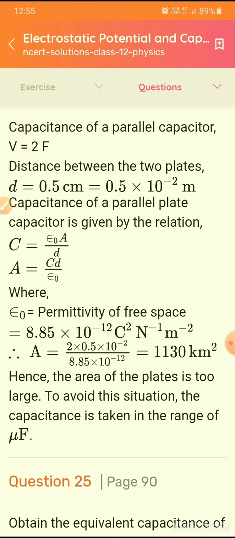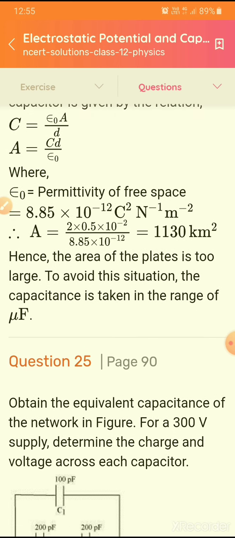So the area of the plates is too large. To avoid this situation, the capacitance is taken in the range of microfarads. Is it possible to make a capacitor of 1130 kilometer squared? A capacitor of this size cannot be made. That is why we use capacitance only in the range of microfarads.